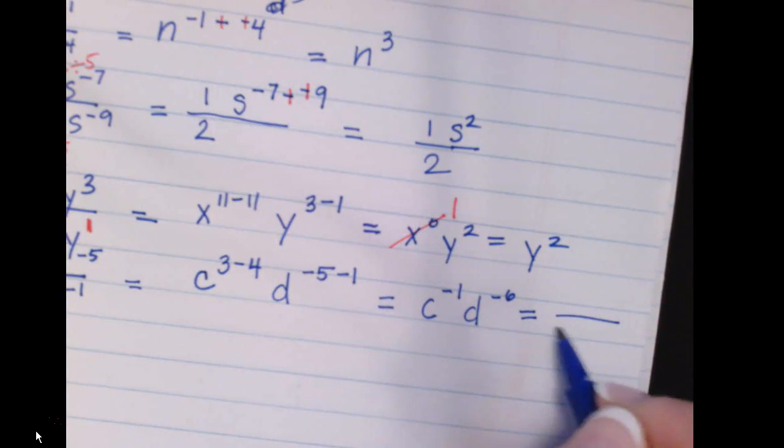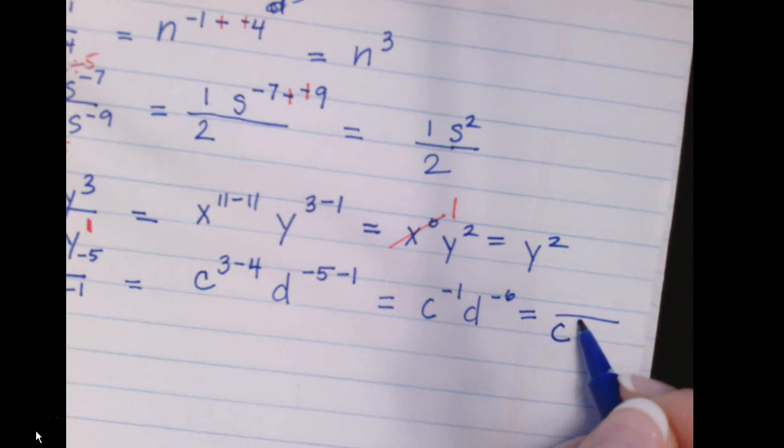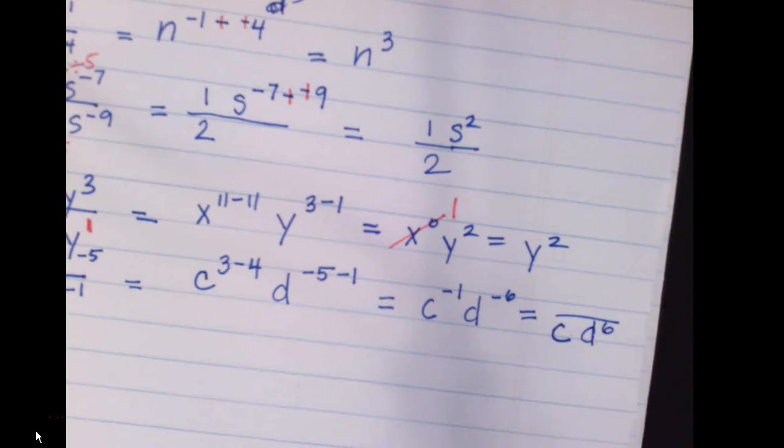So since c is to the negative 1, c to the 1 can move down to the bottom, d to the negative 6, d to the 6th. Once I move it, I can lose the negative sign. And so there's no more variables left for the numerator. So I'm just going to fill that in with a 1.